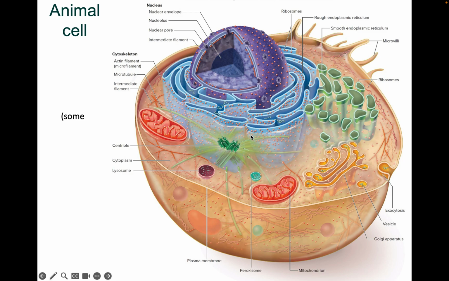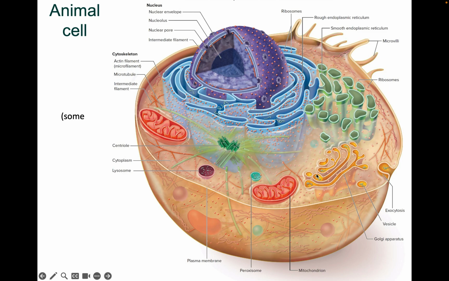And then around the nucleus, you have these big sacs and tubes of membranes all around, like this, basically the ER. This is the rough ER, this is the smooth ER, the Golgi, all these, and these are what make up the endomembrane system.